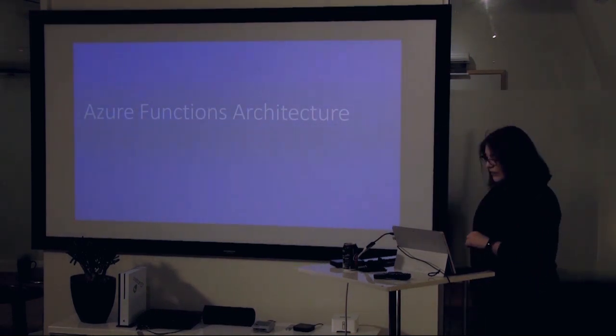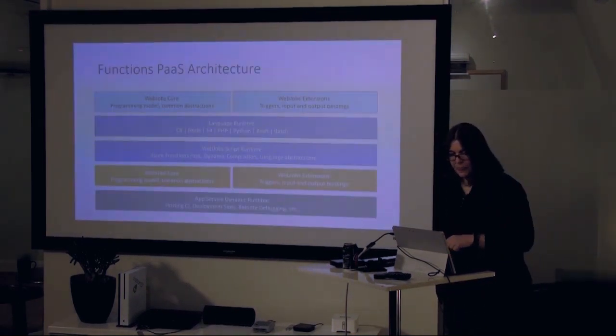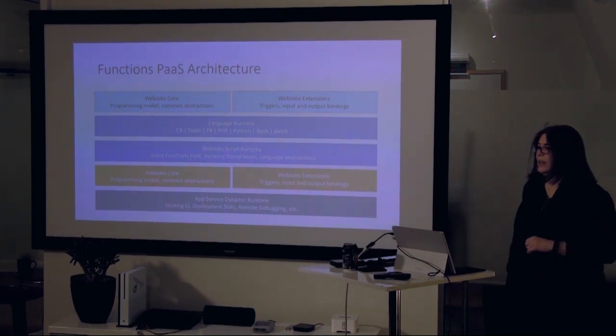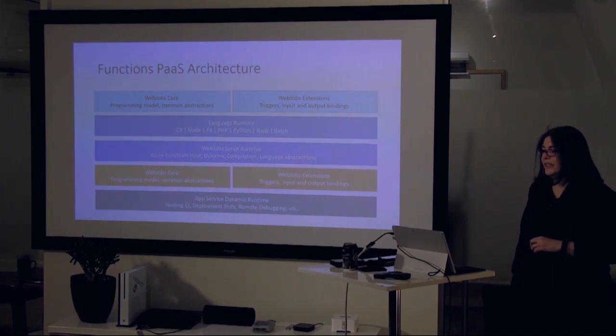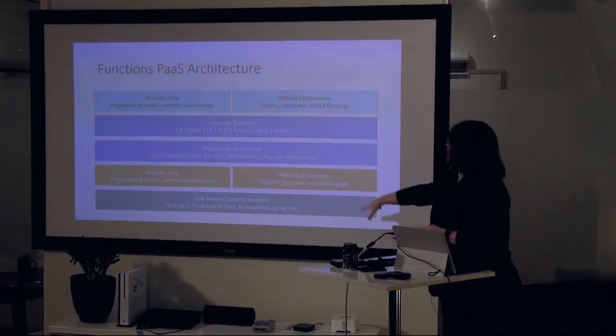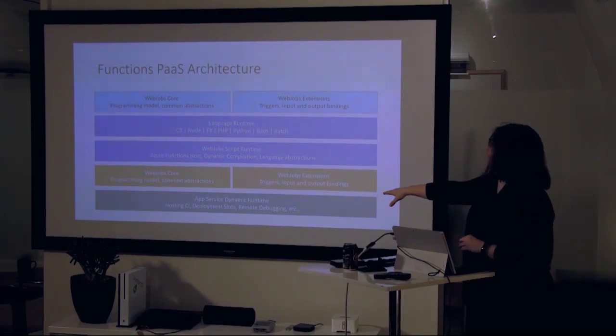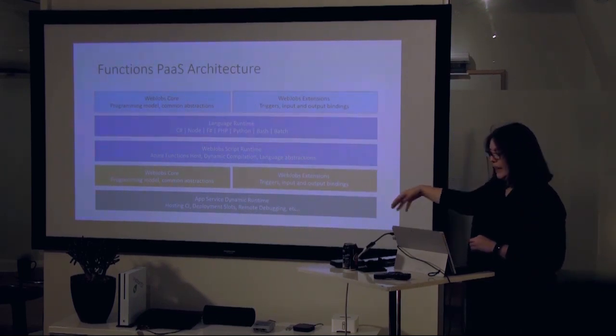So for Azure Functions in particular, here's our obligatory bunch of boxes that shows off our multi-layered architecture at Microsoft. So down at the bottom, of course, you have some of those platform services in the app service dynamic runtime.